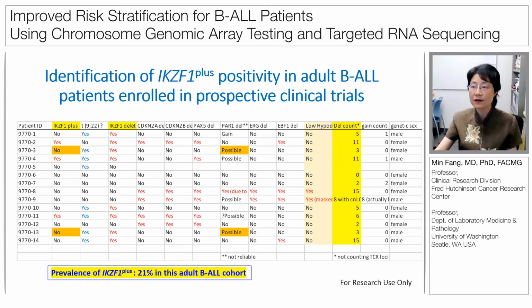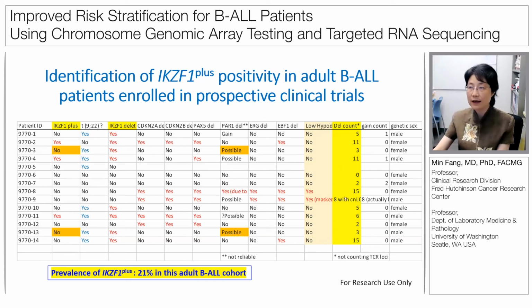But to point out, the PAR1 region using array actually is not reliable because of the sparsity of probe coverage in that region. So this is the caveat of using the array method to define this category. Nevertheless, we were confident in identifying three such IKZF1 plus patients.